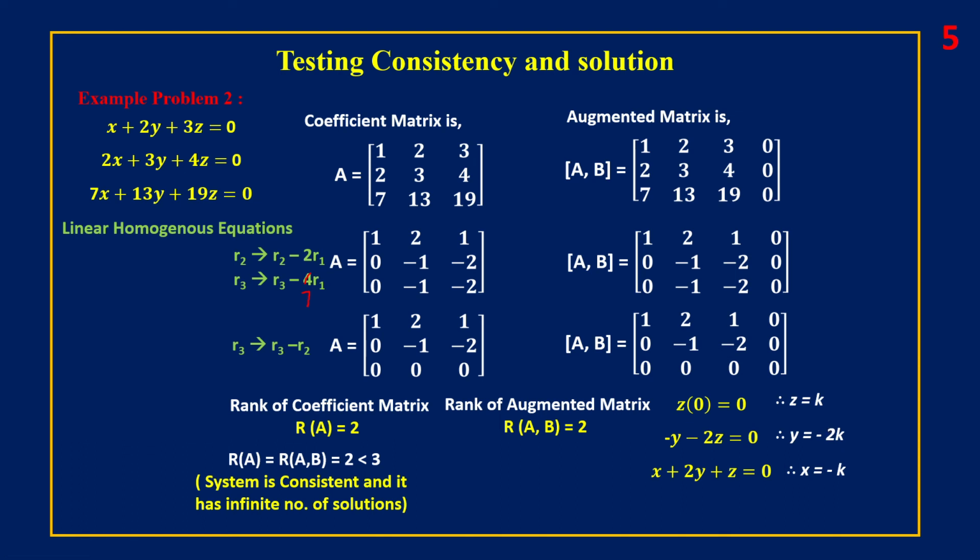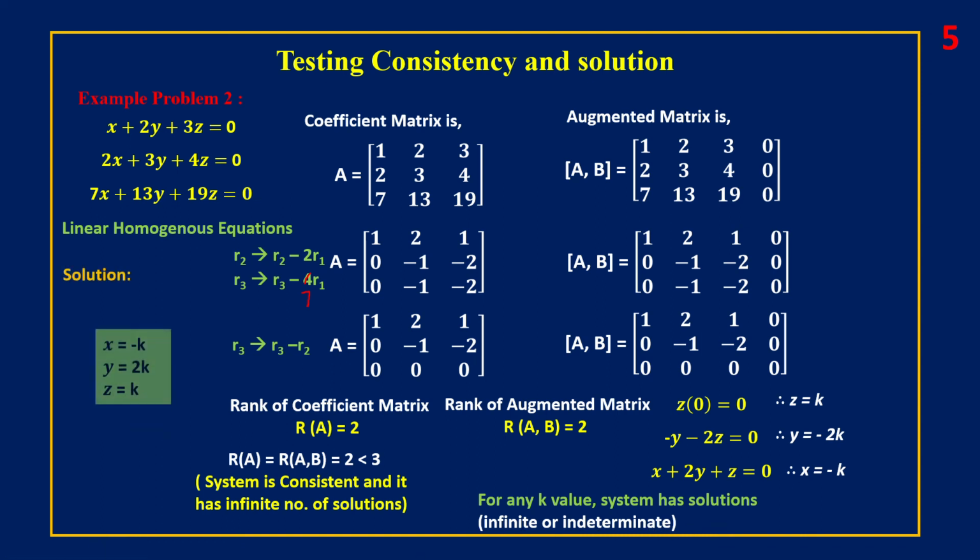For any k value, from 0 to infinity, from 1, 2, 3, 4 up to infinity, we can find the solutions. So the system is consistent and it has an infinite number of solutions. For any k value the system has solutions, infinite, or it can be called indeterminate. This is the solution for these equations.